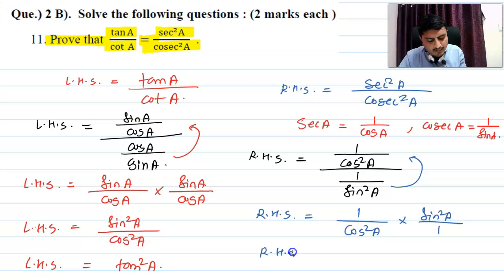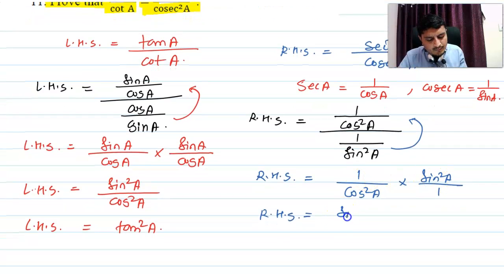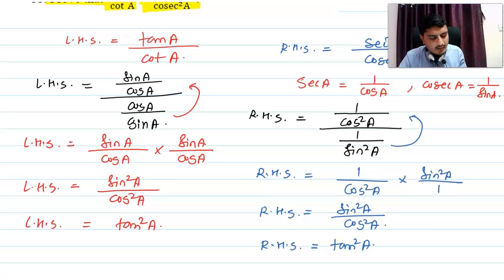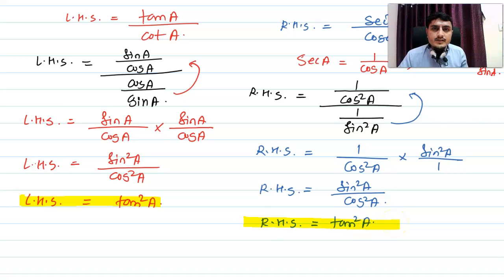Once we simplify the RHS, 1 into sin square of A becomes sin square of A, and 1 into cos square of A becomes cos square of A. So after simplifying the RHS, sin square A upon cos square of A becomes tan square of A. Now look at the simplified form of LHS and RHS, both are identical, that is tan square of A. So we can say LHS equals RHS.